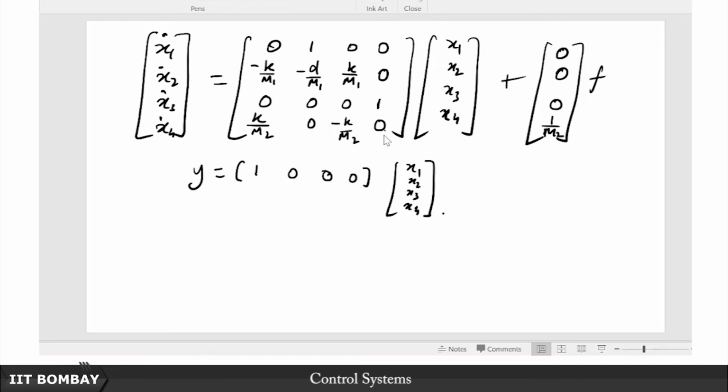You already know how to model this in the transfer function domain, so get that transfer function, use some numerical values, and then just for practice do the same thing with this state space realization, use the expression C into sI minus A inverse B, and see that the two transfer functions agree.